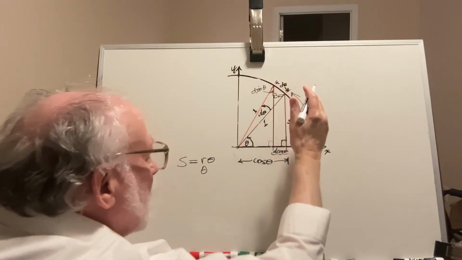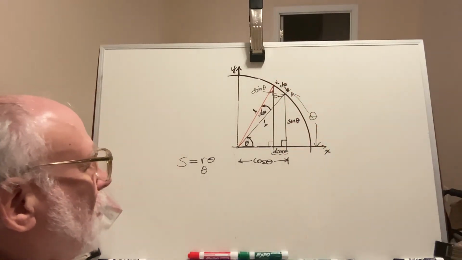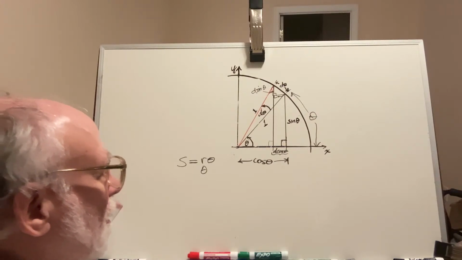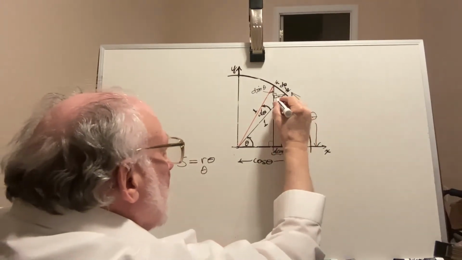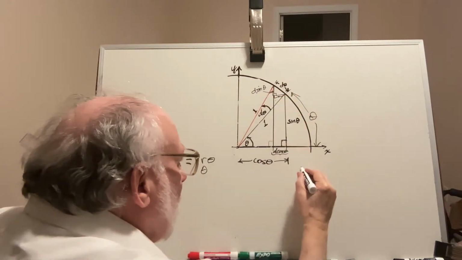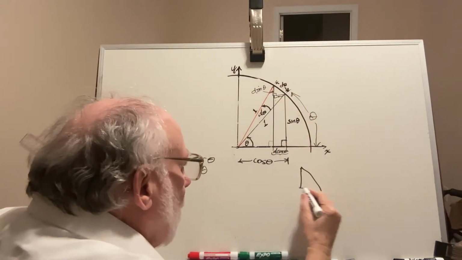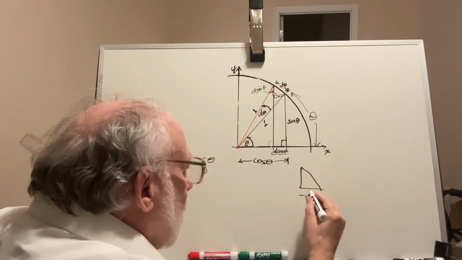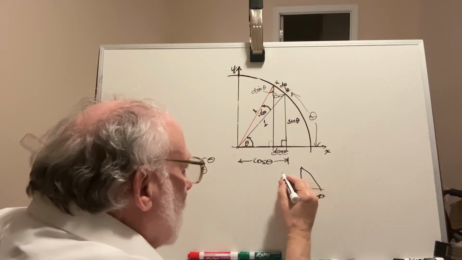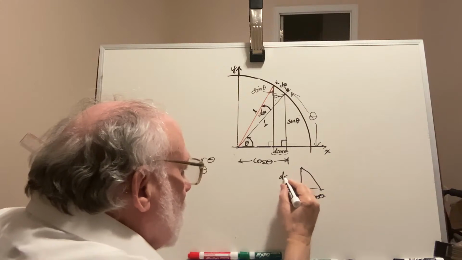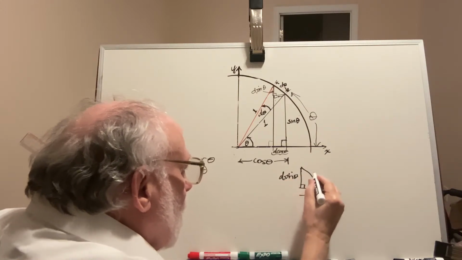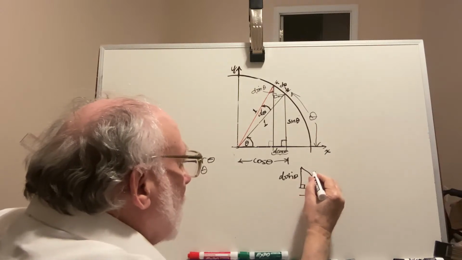It can't be seen, this increase in the sine and decrease in the cosine. So what we have here is minus d cosine theta is the length here, and the length here is d sine theta. Over here we have d theta.